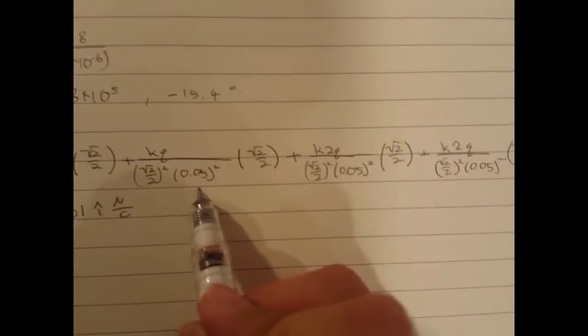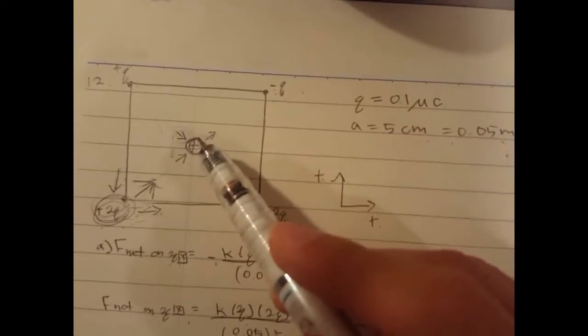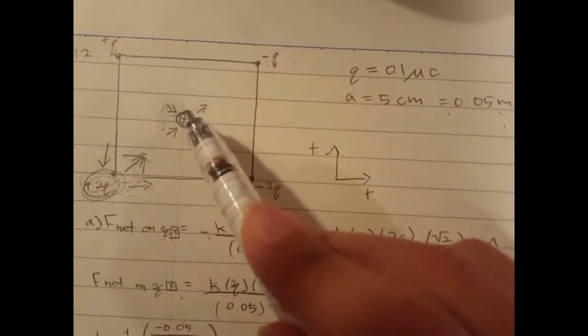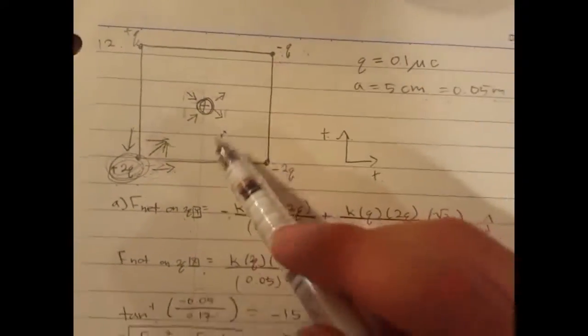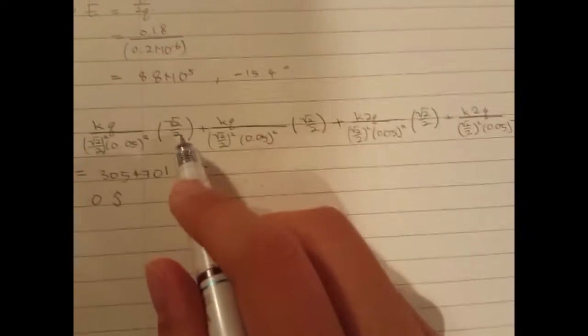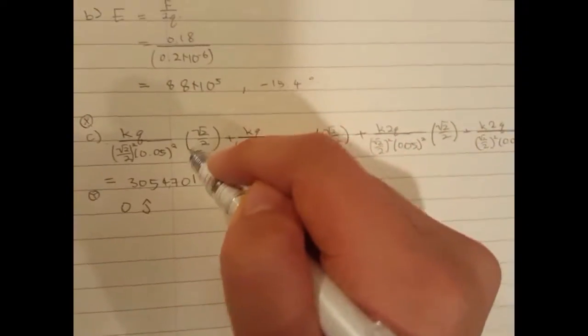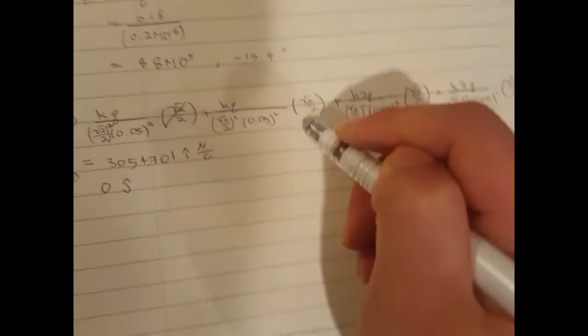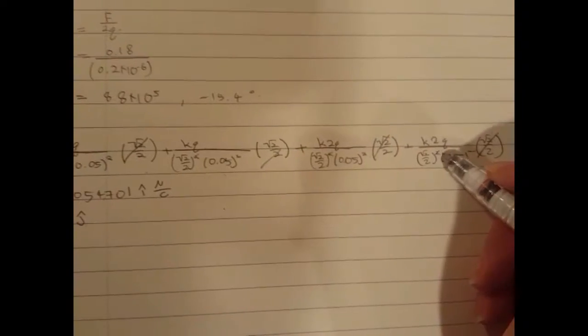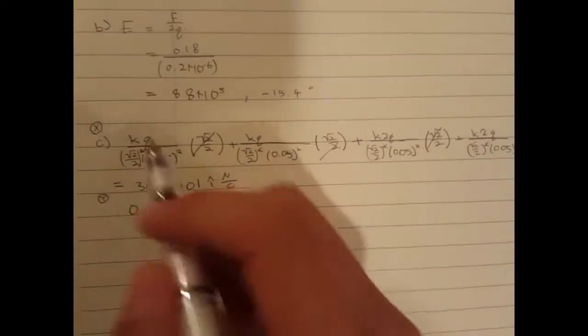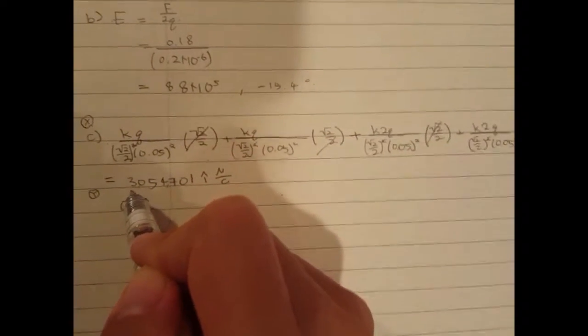We do the same for the field between this, and then we do the same for this and this, and this and this, but only looking at the x component and multiplying everything by root 2 over 2. So just these two cancel, this cancels, this and this cancel, this and this cancel, and then when you plug everything in, you get this number.